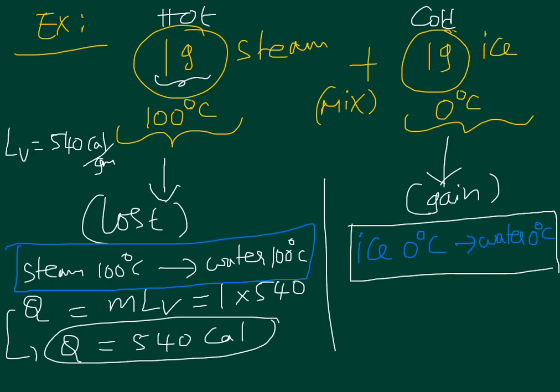How much energy are we getting here? What formula do I have to use? Ice at 0 to water at 0 means m L F. M here is the mass of ice, which we have taken as 1 gram, so 1 into 80. What is the L F value? L F value is 80 calories per gram.